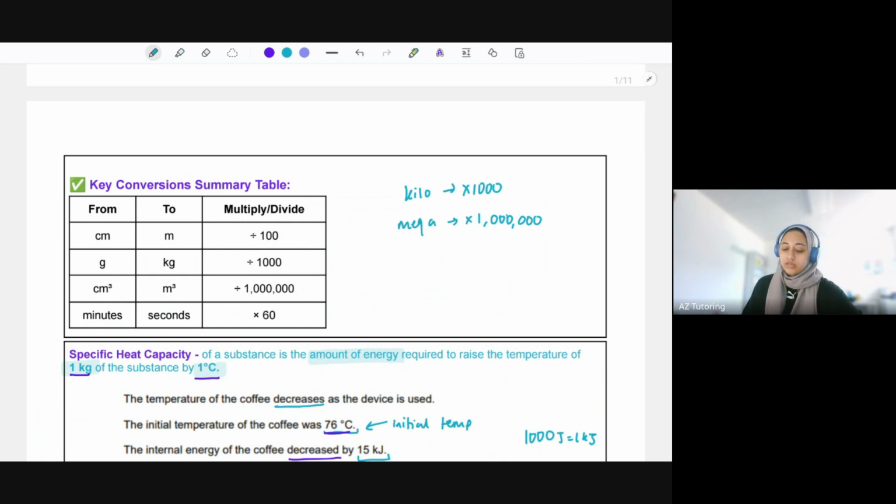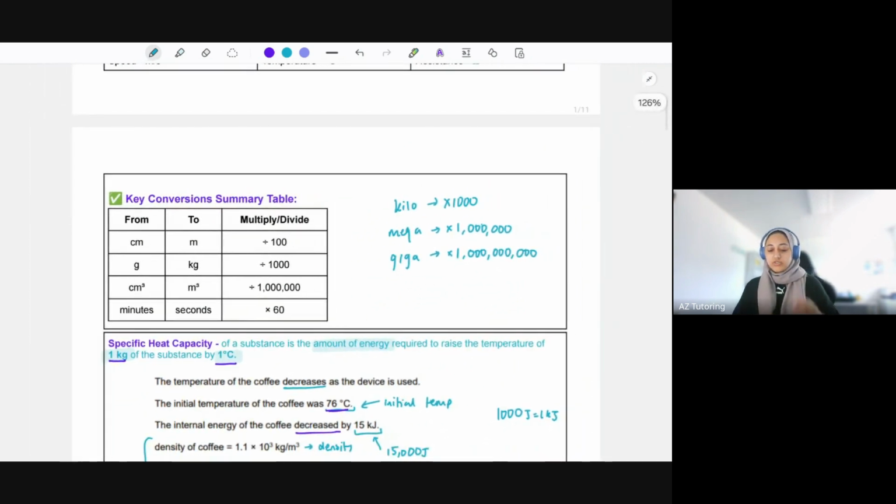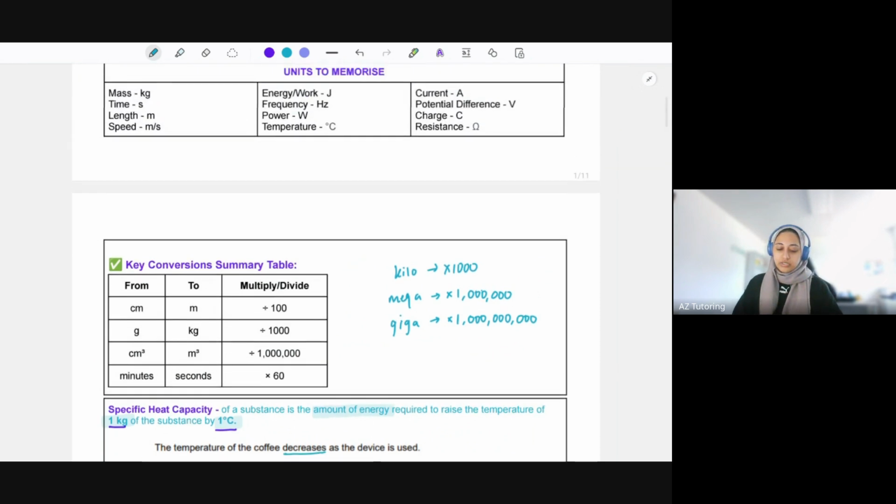So 1,000 for kilo, for mega is 1 million. Sometimes you'll see giga. I've seen a question where they've actually thrown in gigawatts, and that's times by 1 billion. So 1, 2, 3, 1, 2, 3, 1, 2, 3, just like so. So just remember them words as well. So if you see kilo, mega, or giga, make sure you convert them back to what you need to.